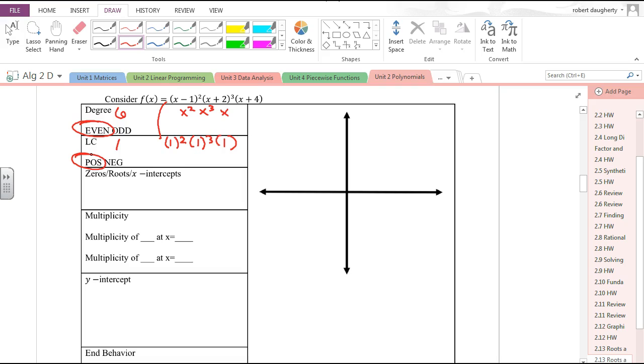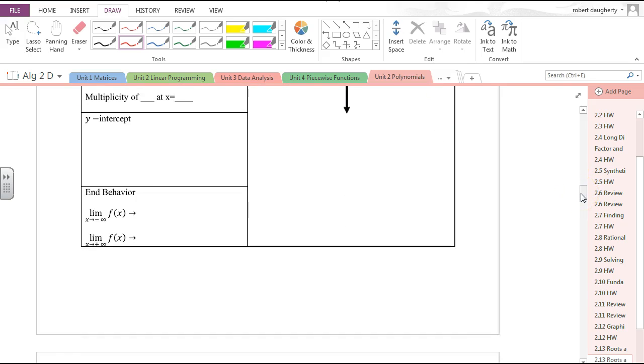So immediately, even degree and positive coefficient, this graph will go up on both ends. That is my end behavior, and it tells me how to answer these questions about end behavior. As x goes to negative infinity, I travel to the left on the x-axis and my y values go up. As x goes to the right, my y values also go up.